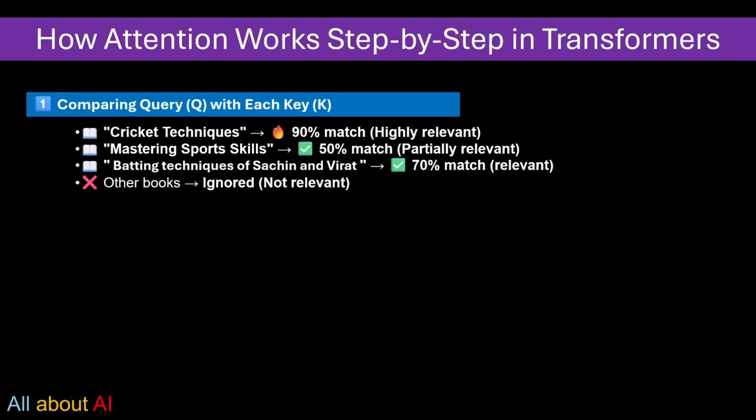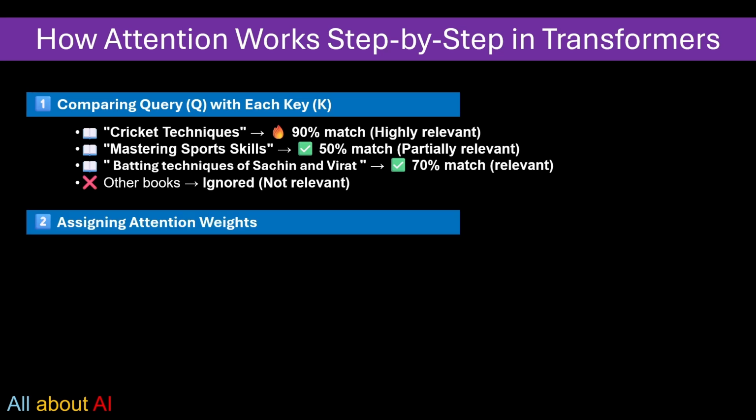The cricket techniques book is about a 90% match because it's highly relevant. Mastering sports skills is somewhere in between because it's partially relevant, so you can say it's a 50% match. And the batting techniques of Sachin and Virat is about a 70% match. It talks about techniques but only focuses on the batting part. The rest of the books are ignored because they are not relevant to cricket.